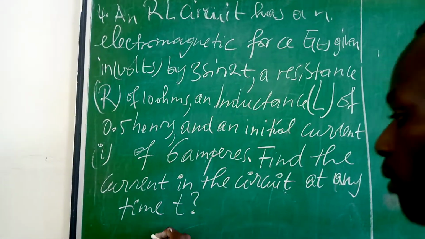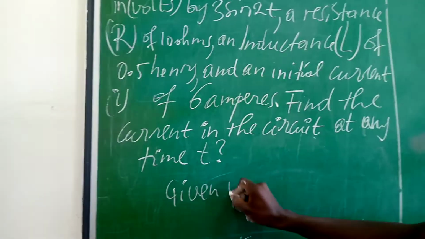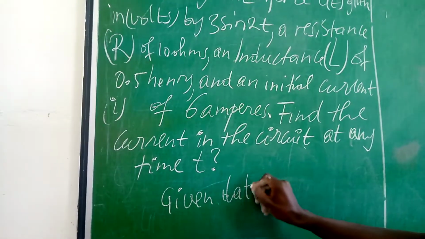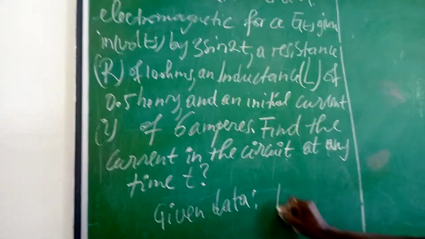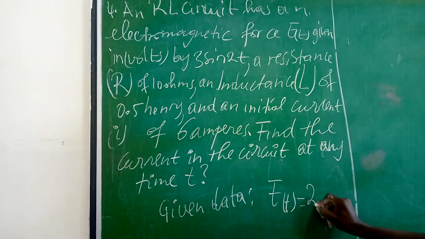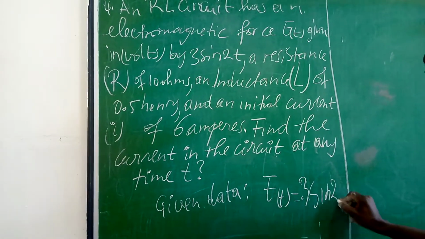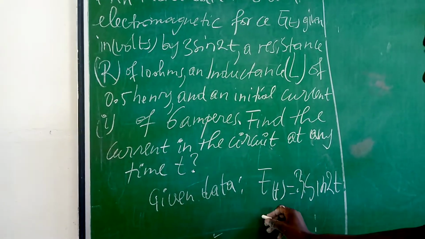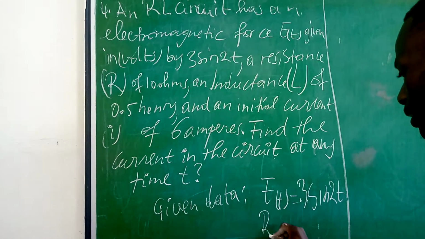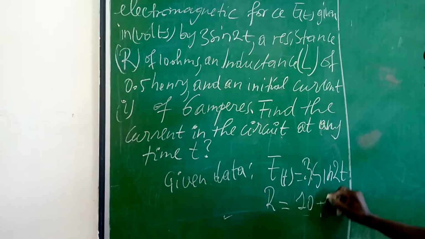So here we just have to write down the given data. We have the electromotive force as a function of time equal to 3 sin 2t. Then we are given the resistance equal to 10 ohm.